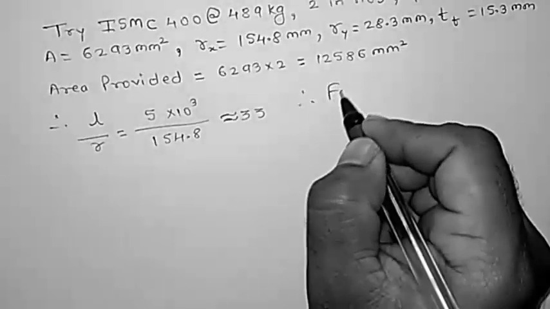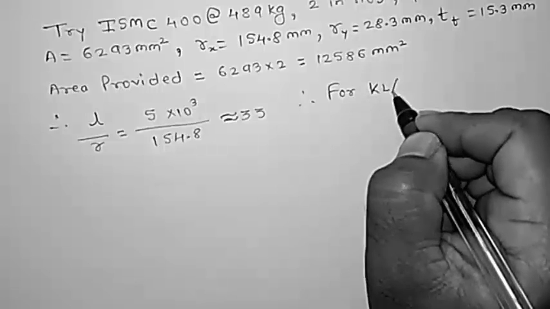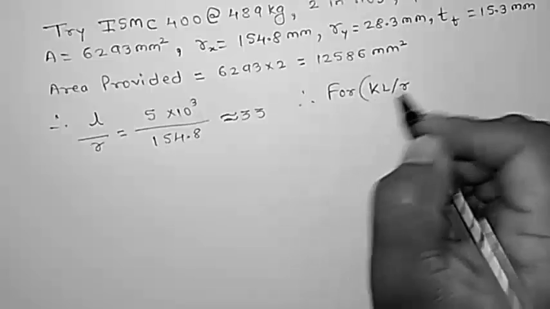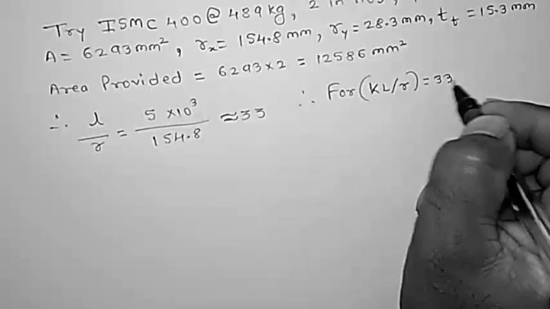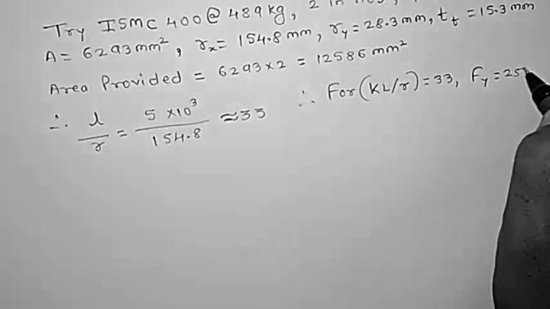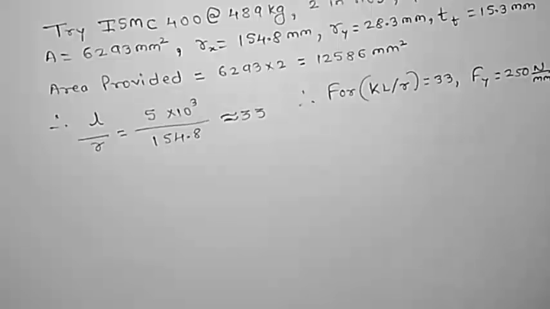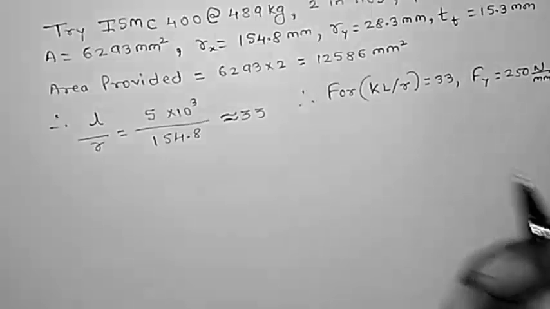So therefore, KL by R is equal to 33, and Fy is equal to 250 Newton per mm square.